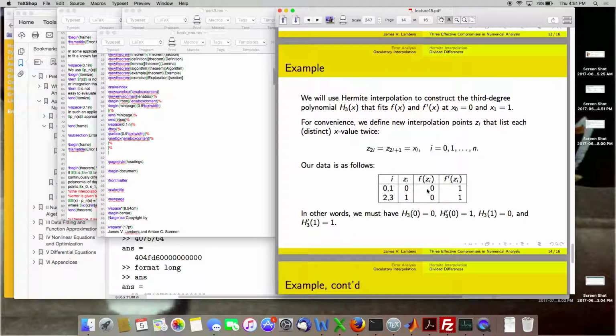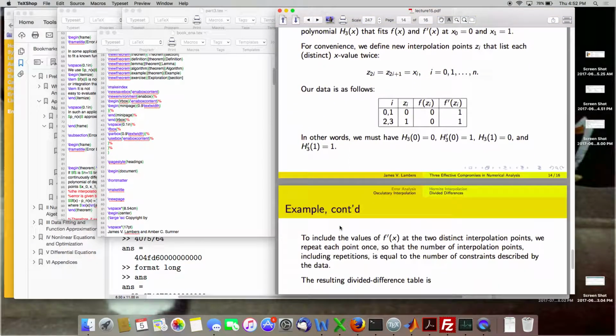And I'm specifying that my function values at both points are equal to 0, and my derivatives at both points are equal to 1. So here's another way of describing what I want my Hermite polynomial to satisfy. At x equals 0, the function is 0 and the derivative is 1. And then at x equals 1, same thing: function value is 0, derivative value is 1.